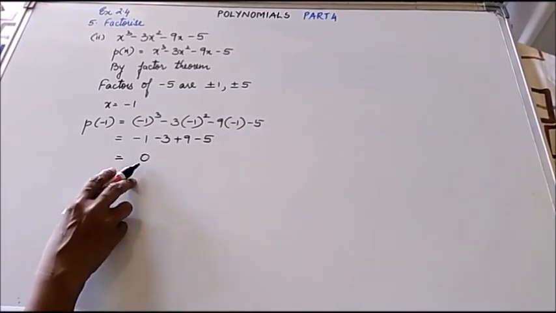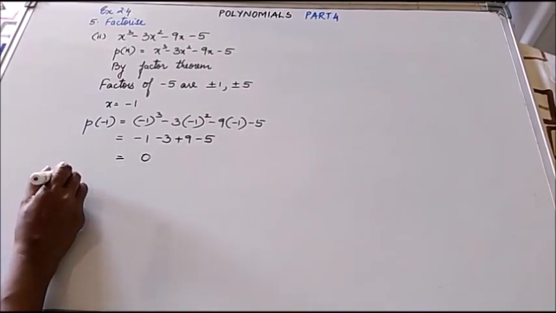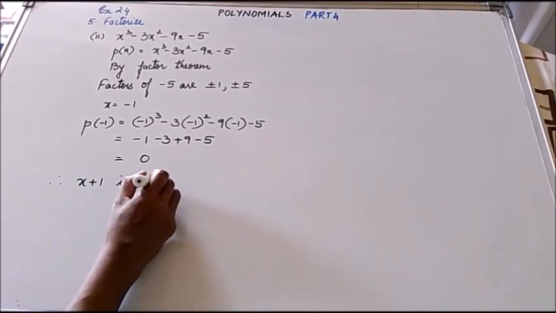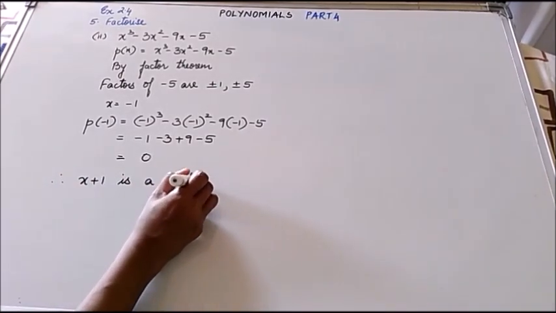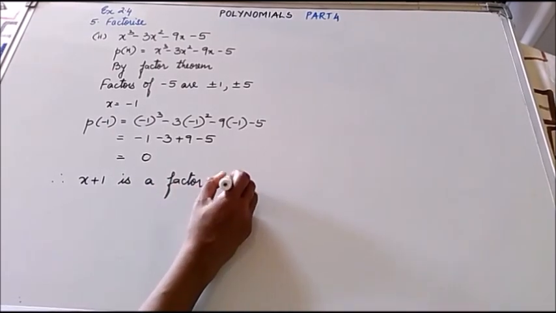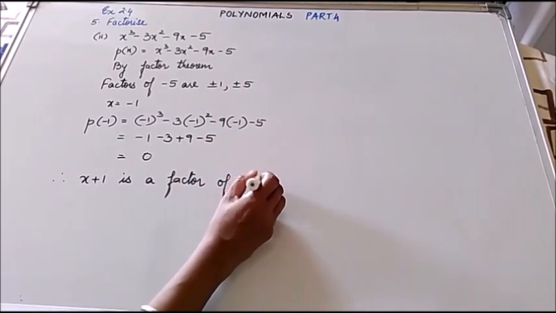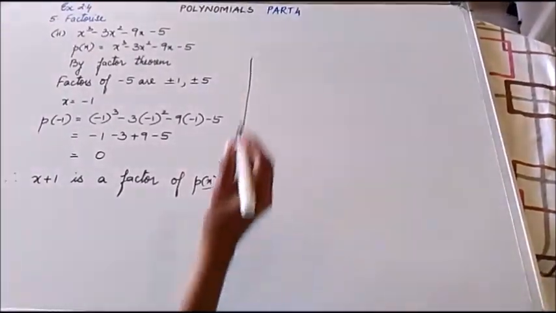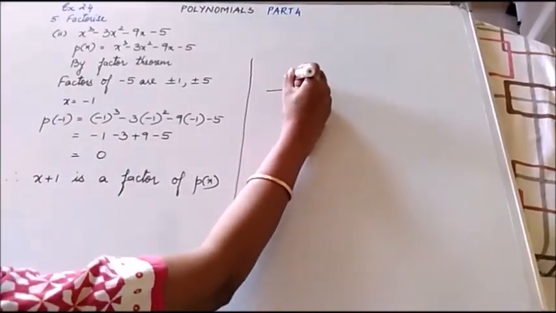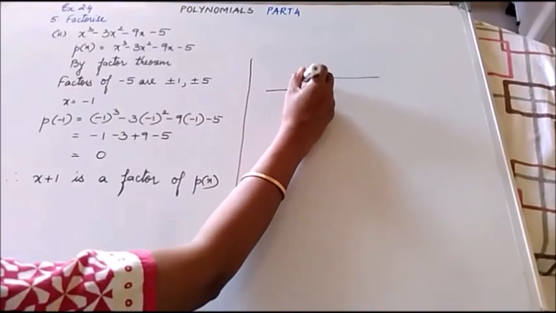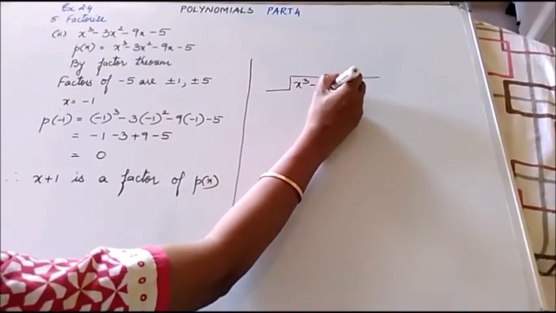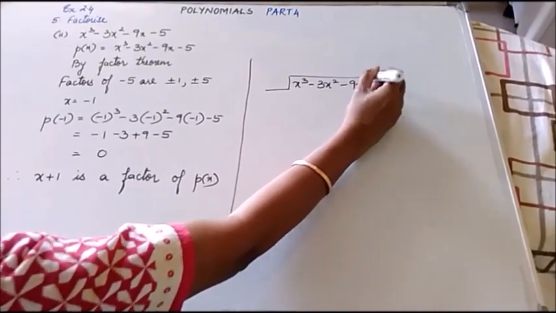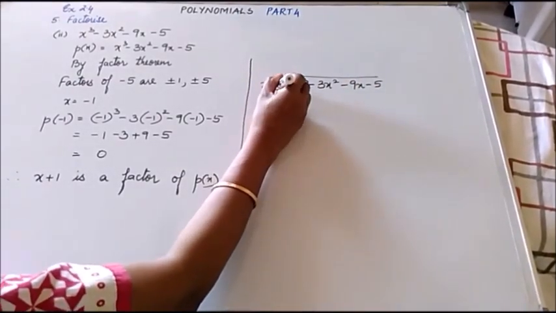Okay, now we see here p of minus 1 is 0. Therefore, x plus 1 is a factor of p of x. We find the other factor by long division method. That is, we divide x cube minus 3x square minus 9x minus 5 by x plus 1.